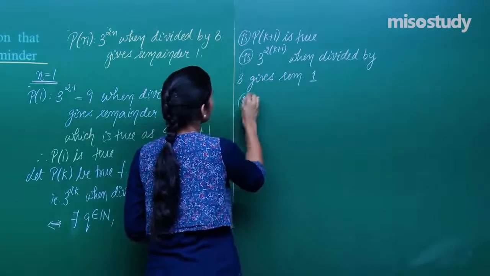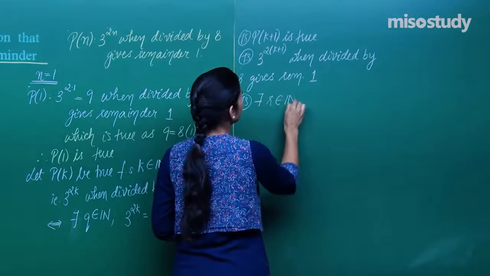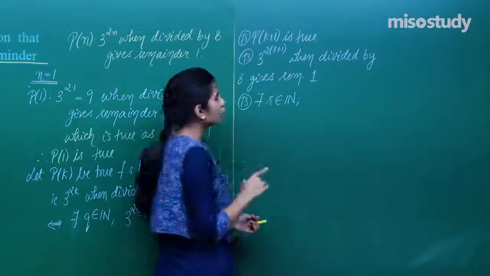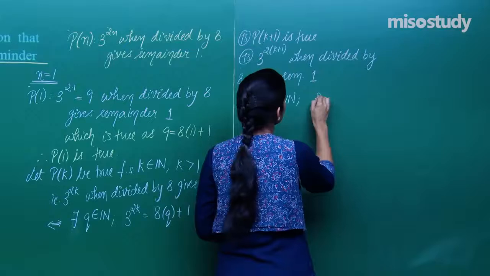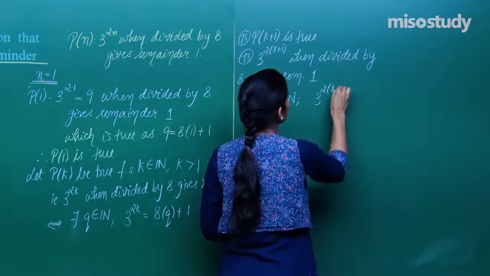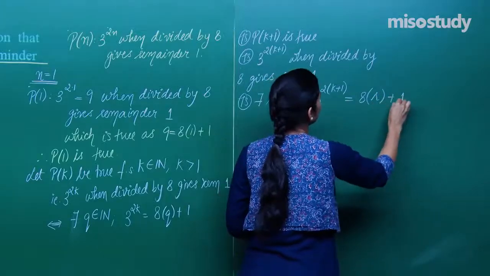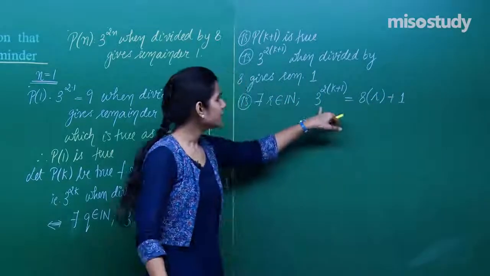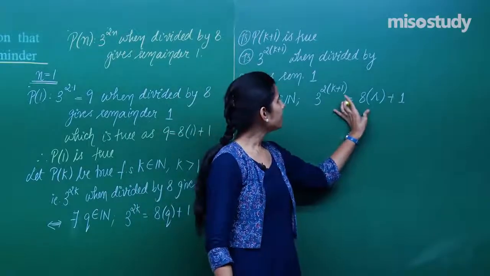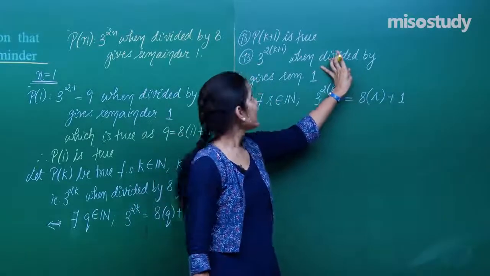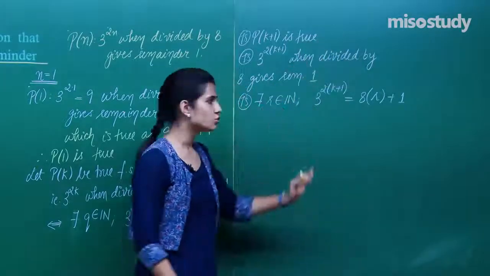That means I have to show there exists some natural number r which is acting as the quotient when 3 to the power 2 times k plus 1 is divided by 8, such that I am getting r as the quotient and 1 as the remainder, so that dividend can be written as divisor into quotient plus remainder. If I am able to establish this statement, this would mean that Pk plus 1 will come out to be true. It's a backwards thing that we are going to show.